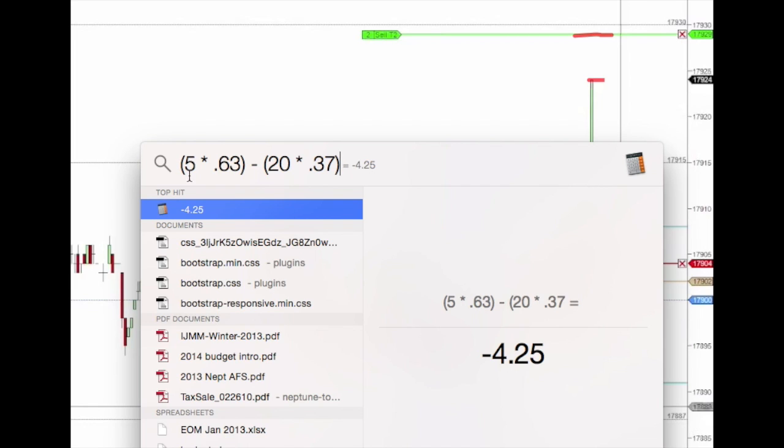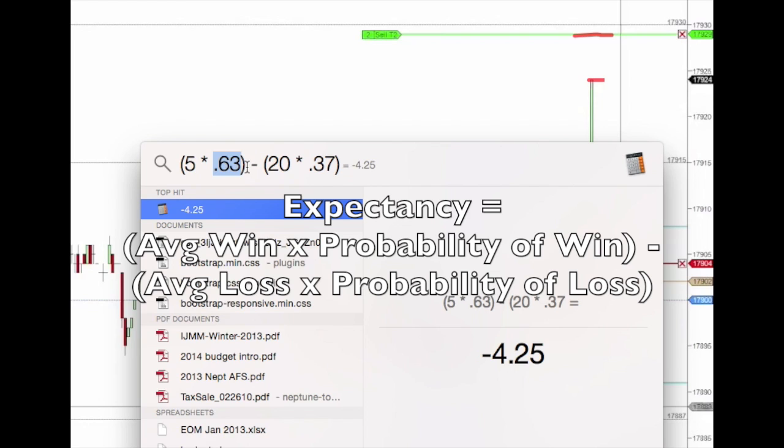And just to clarify the expectancy formula, what you're doing is taking your average win times the percentage of times that you win, multiplying those two, and then subtracting your average loss times the percentage of times on average that you lose. That's 37% in this case.